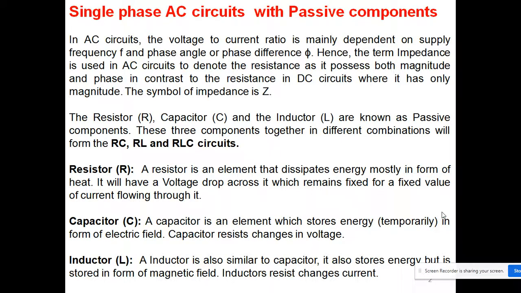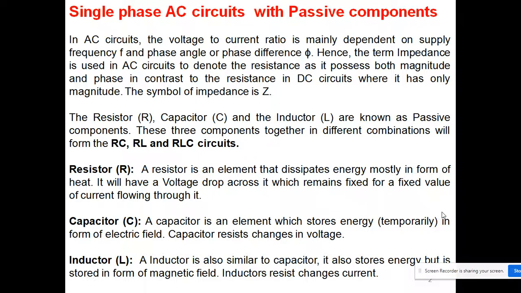But in an AC circuit, impedance is used to denote the resistance. It means it possesses both magnitude and phase, but resistance in DC circuits has only magnitude. And this impedance is represented by Z.